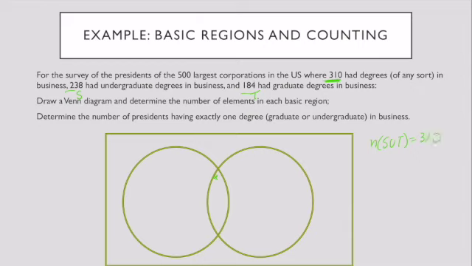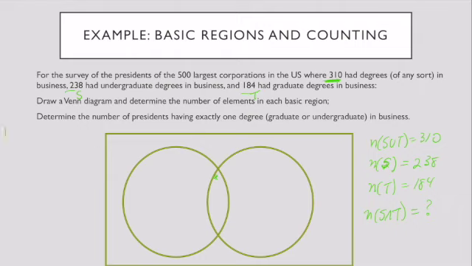I know that in S there are 238 with an undergraduate degree in business, and there are 184 with a graduate degree in business, and I need to find the intersection. I can do that using the inclusion-exclusion principle.